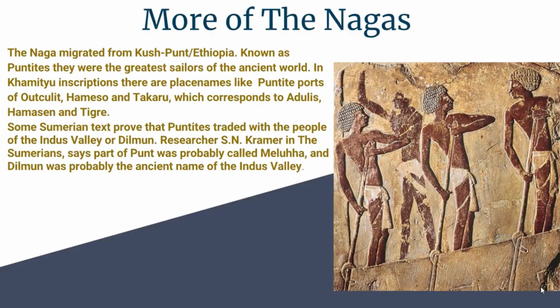So they were talking about migration from, I guess, the Kush, Punt, Ethiopian groups to the Indus Valley, and it was talking about that Sumerian element, where I guess the Hamitic Punt tribes set up shop in the Indus Valley.